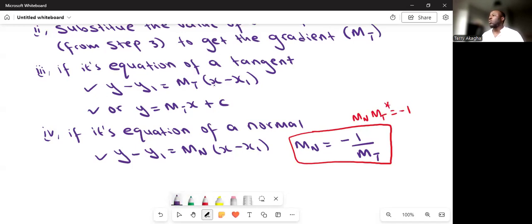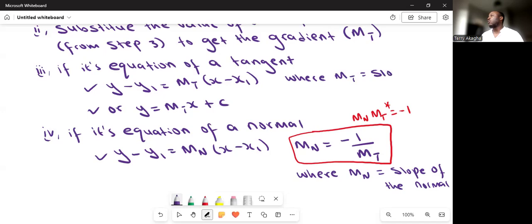All right. So where mn is the slope of the normal, while here, where mt is the slope of the tangent, okay? So mt is equal to slope of tangent. I've discussed this before, so that's the reason why I'm not talking a lot about it already.